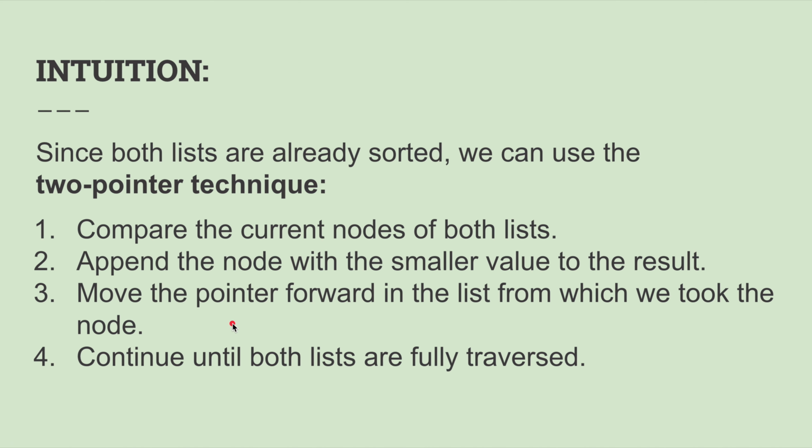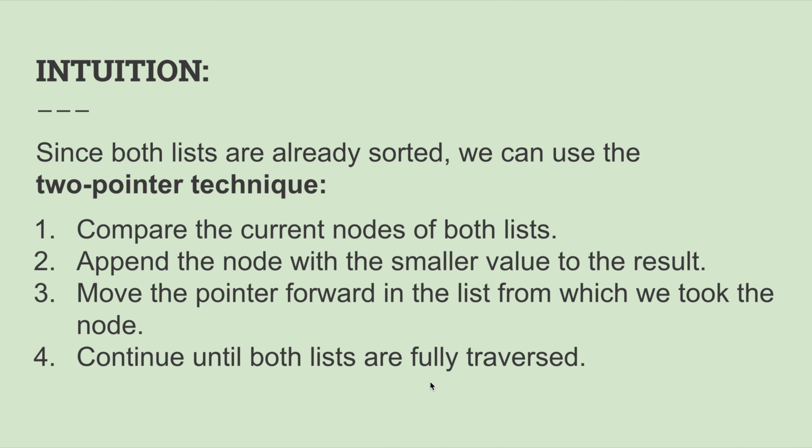Then we'll move the pointer forward in the list from which we took the node, and continue until both lists are fully traversed, right? Means first we will compare both lists' current nodes, and we will append the node with the smaller value to the result. So there is a result linked list, and we will append to it whichever node has the smaller value.